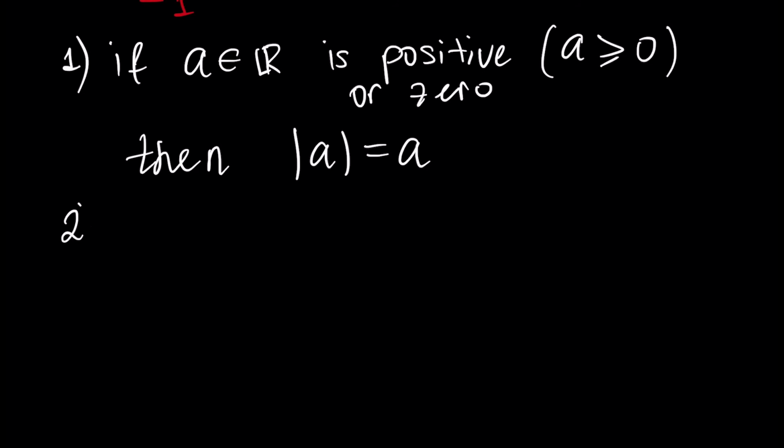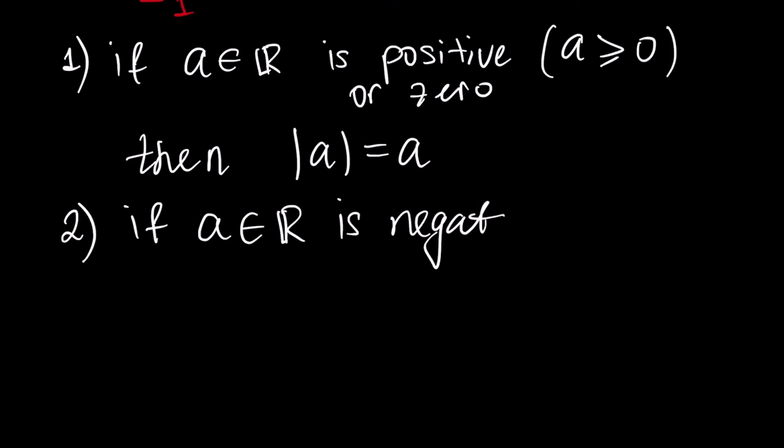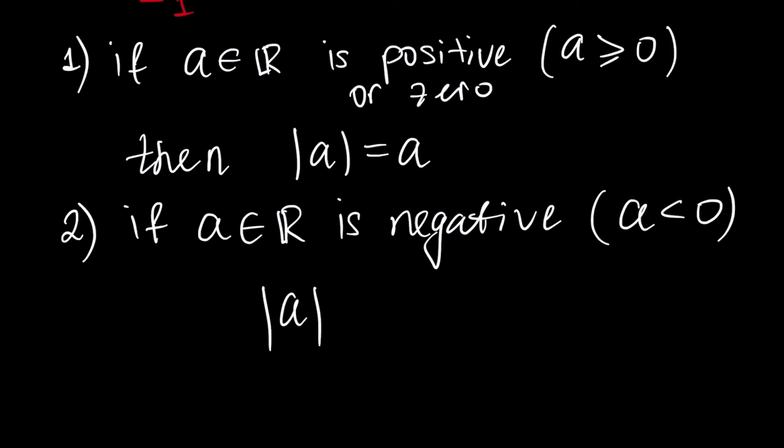And next, if a real number A is negative, or A is less than 0, then the absolute value of A is minus A. Here A is already a negative number.